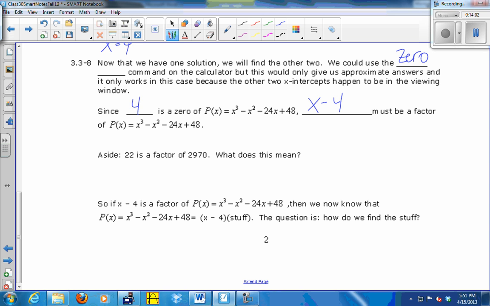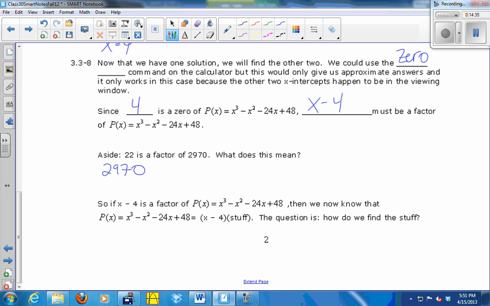So here's a little aside. We're going to just talk about division of numbers for a minute, and then we'll bring it back to polynomials. We're going to try to remember what it means to be a factor. So if 22 is a factor of 2,970, what does that mean to you? Yes, so there's two ways to think of it.